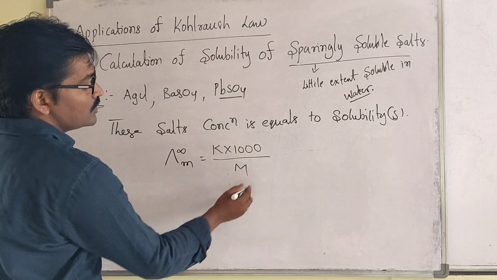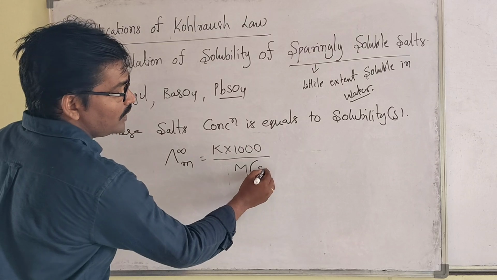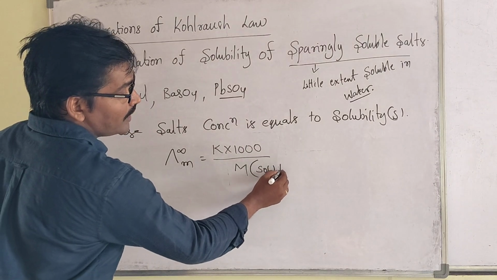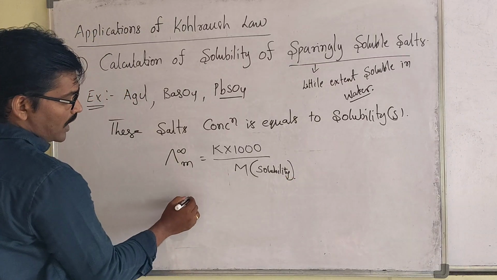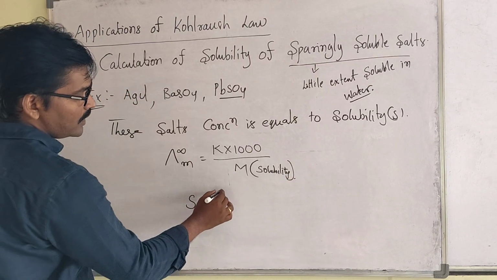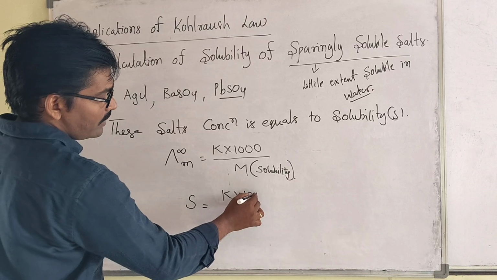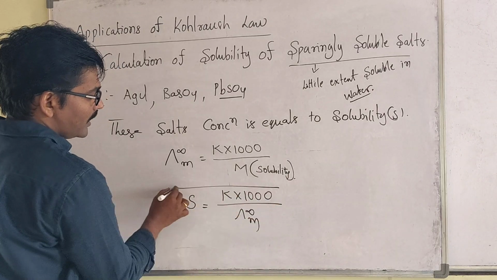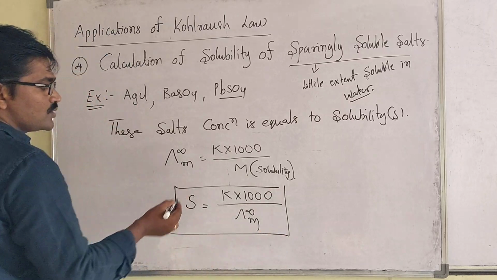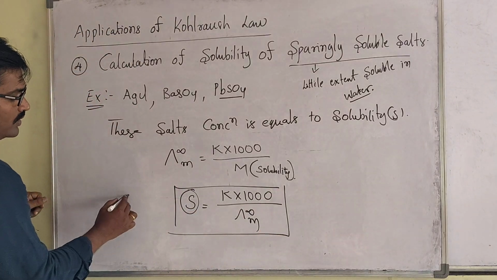So this molarity is the solubility, for sparingly soluble salts, right. So to find solubility, solubility equals K into 1000 divided by limiting molar conductivity. That is called solubility.